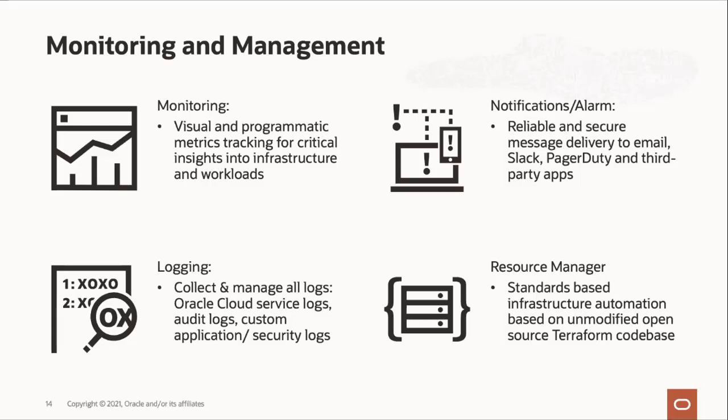This is a pre-defined logging template that is easy to use. For example, a service log would be a VCN flow log. You would just have to go to the OCI logging page and then enable that service log for a specific service. All the options are there on that page.